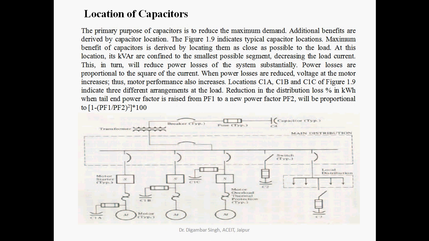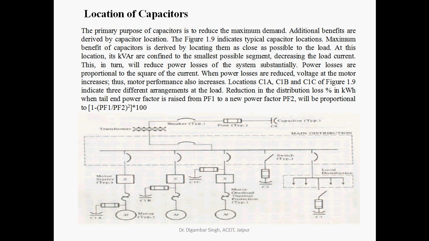Figure 1.9 shows the capacitor location. The maximum benefit of a capacitor is derived by locating it as close as possible to the load. It means the capacitor bank is placed at the end of the load.